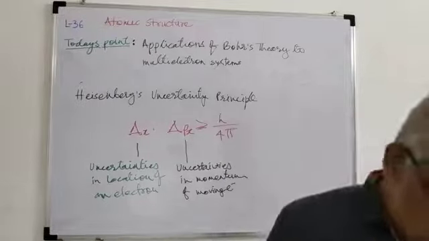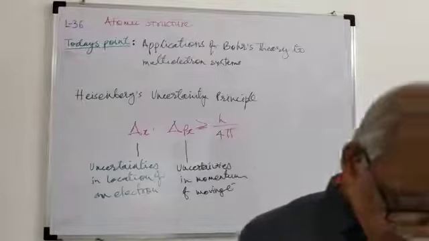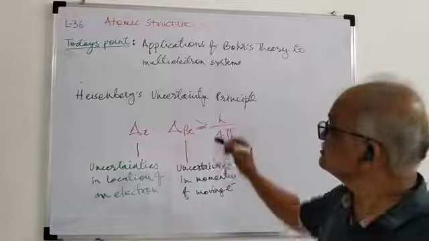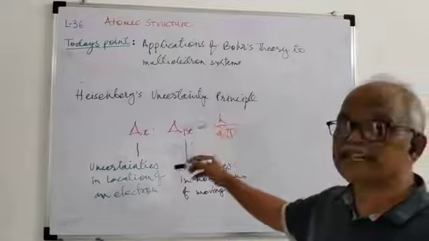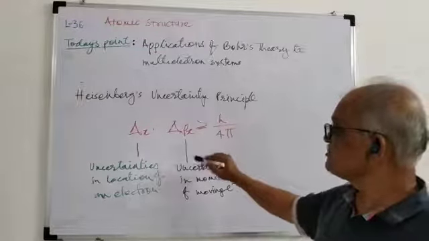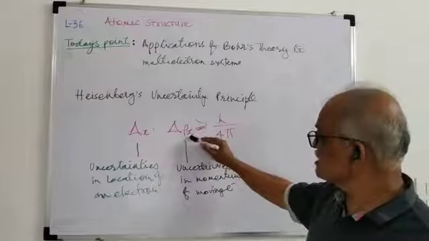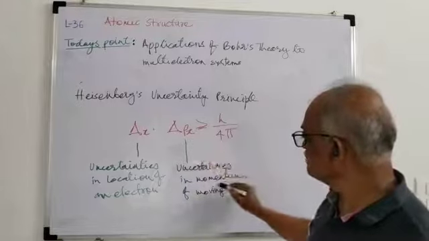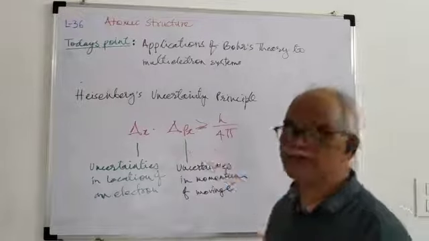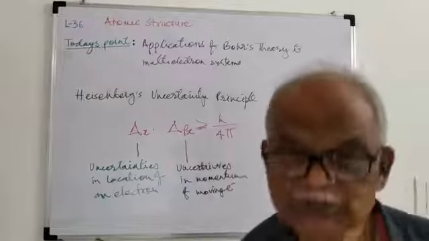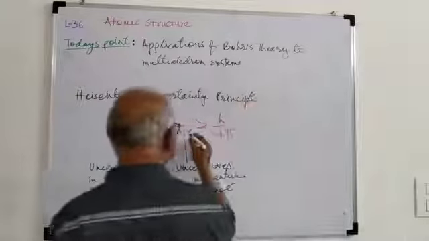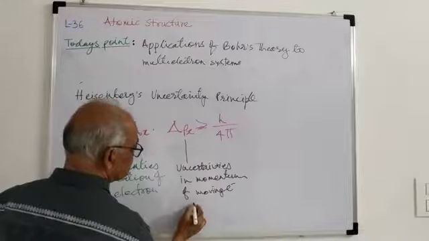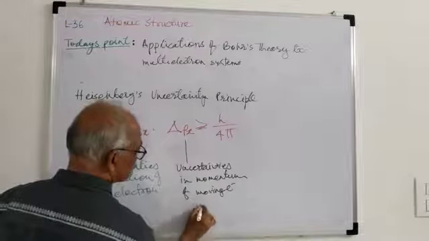Now when we observe the spectral lines in the case of multi-electron systems, it is observed that the uncertainty in the momentum of the electron is very small. So the degree of uncertainty in delta px, that is momentum, is very small.